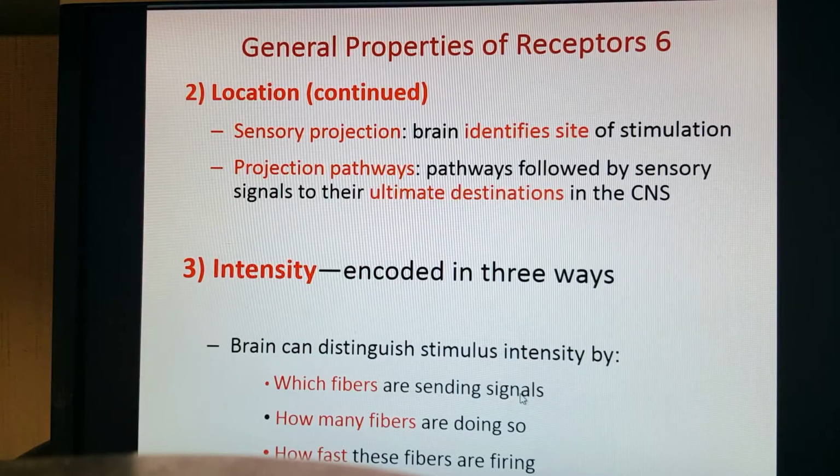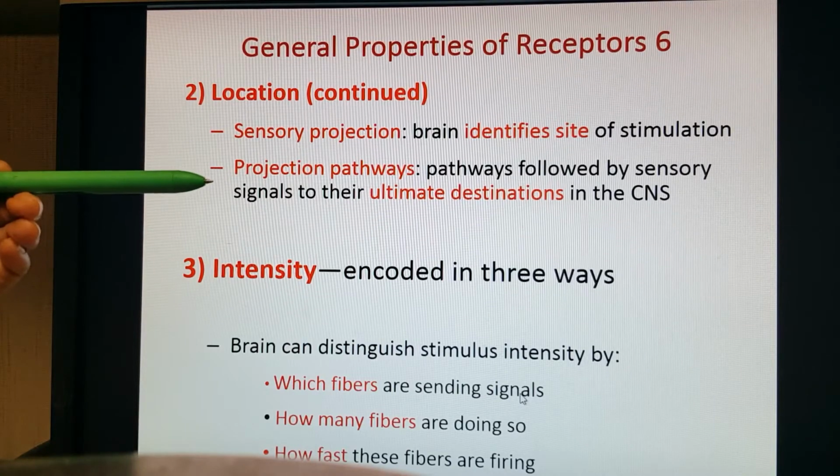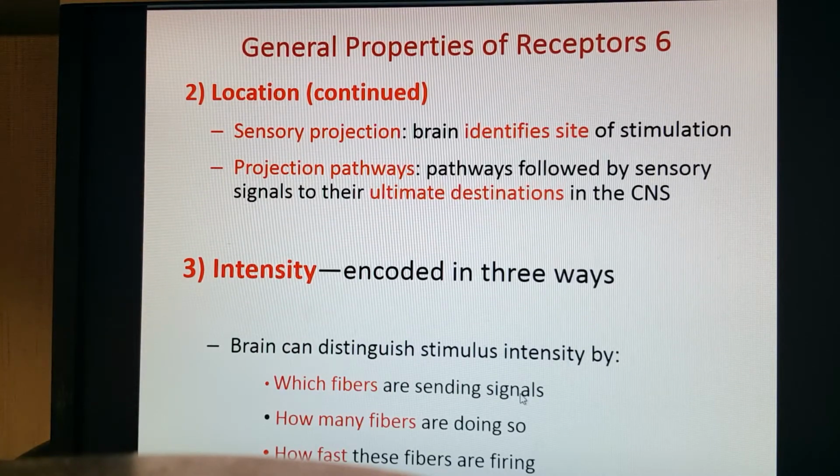So with your location, that information from those individual neurons is then sent to the brain and mapped onto a specific location. So their projection pathways go to their particular mapped out destination in the central nervous system that tells your brain, hey, this sensory information is coming from this particular location.